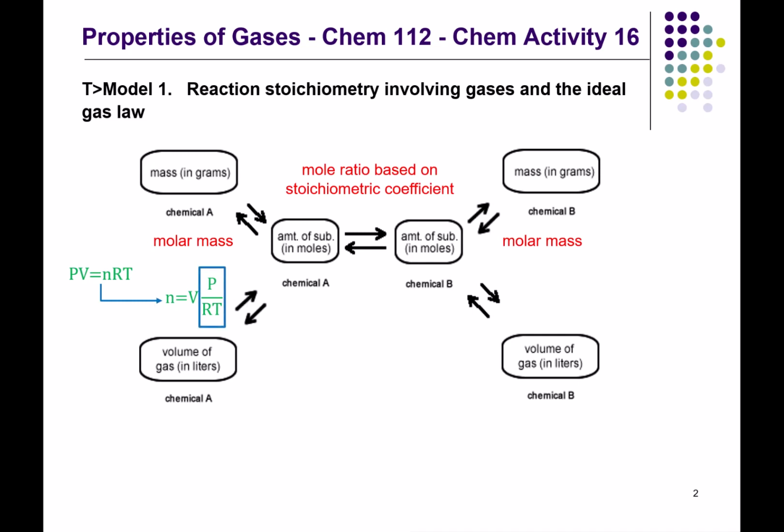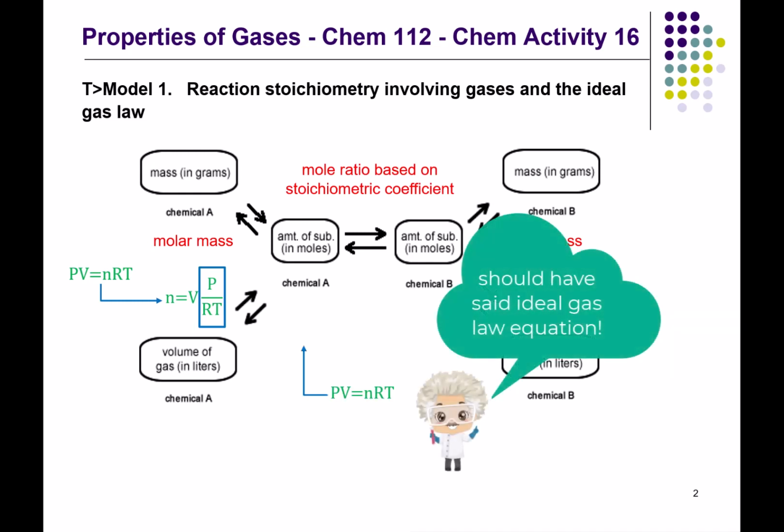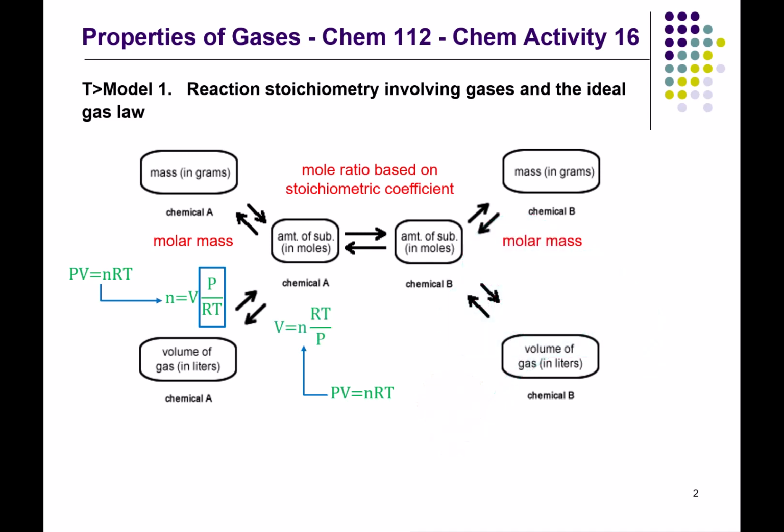In a similar way, if we have the amount of substance and we wish to determine what volume of gas, once again we make use of the ideal gas law constant and rearrange to solve for the volume. Therefore, if we know the moles, we can multiply by the ideal gas law constant, multiply by the temperature, and divide by the pressure.